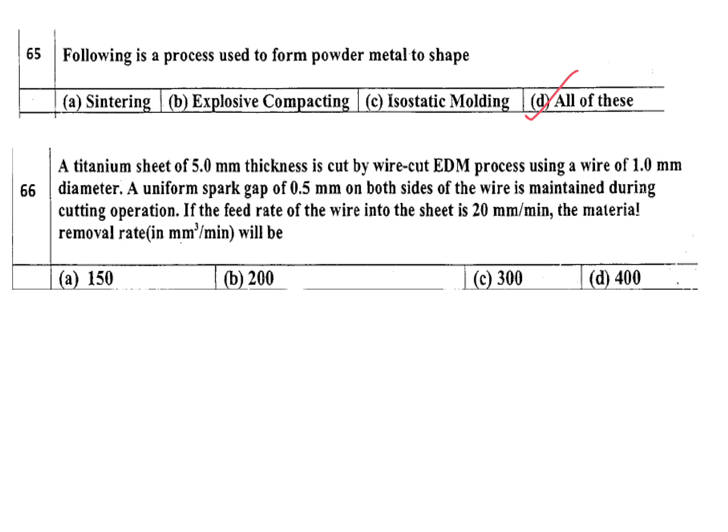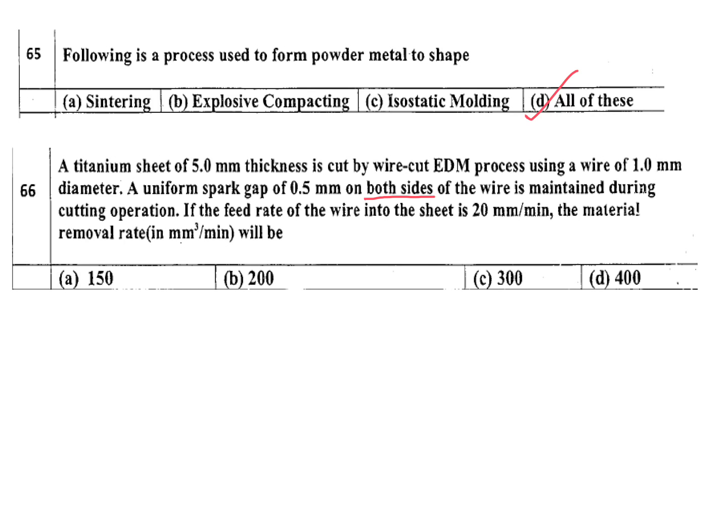Next, this question is important for GATE also. A titanium sheet of 5 mm thickness is cut by wire EDM process. A wire of 1 mm diameter is used, and a uniform spark gap of 0.5 mm on both sides of the wire is maintained during the cutting operation.